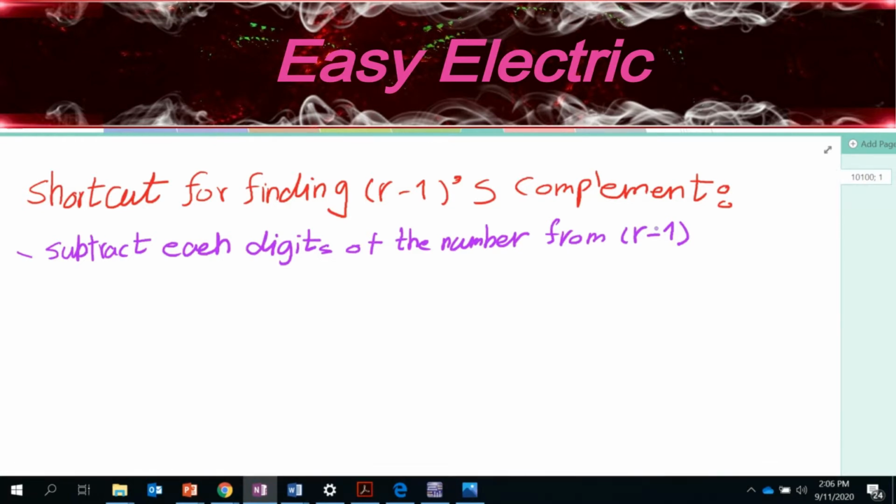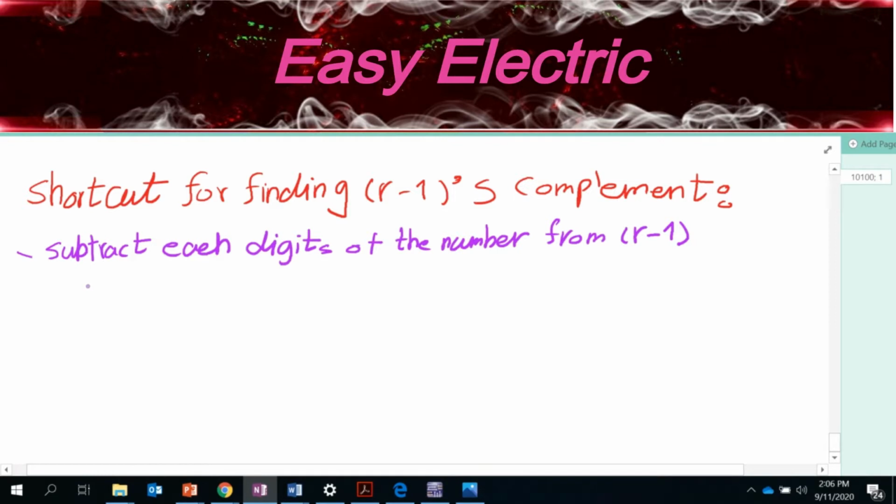Let me show how you could do that. So this is your number, 5 4 6 7 0 0, in base 10.